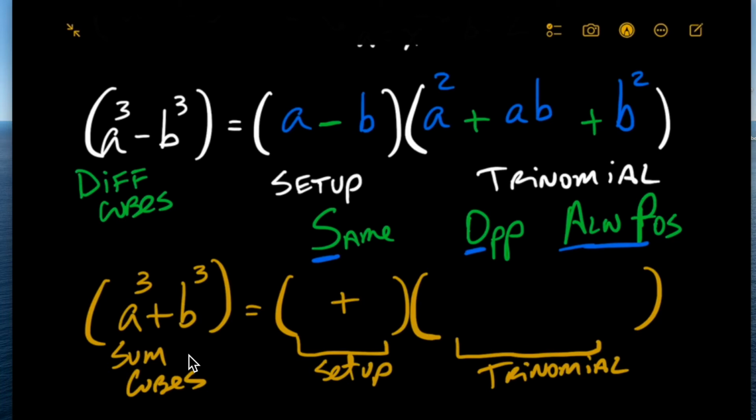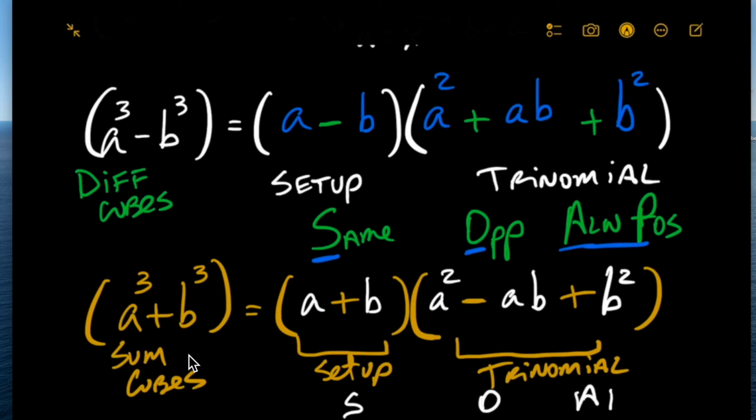The first sign in the trinomial is opposite, and the final sign is always positive. Here we go. A plus b, a squared, a times b, b squared. Same, opposite, always positive. I suggest you take a screenshot of this, folks.